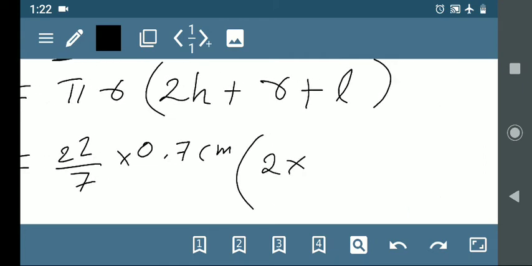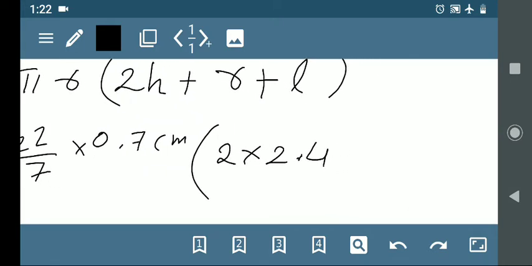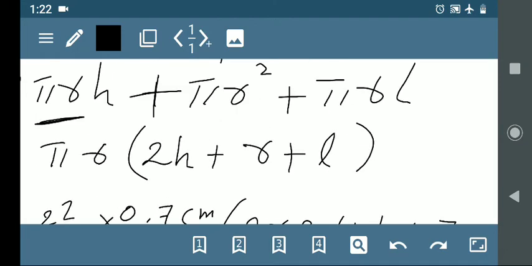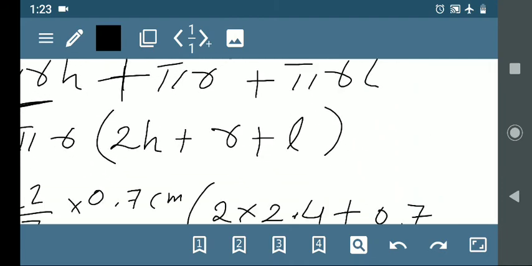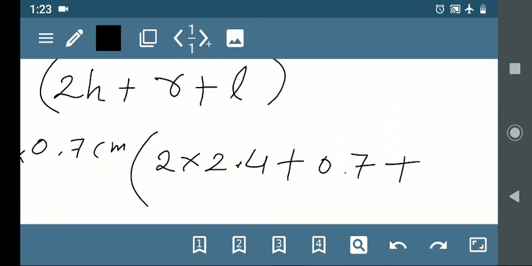What is the height? 2.4, plus radius 0.7, plus pi r l. For l, we need to calculate the slant height of the cone.